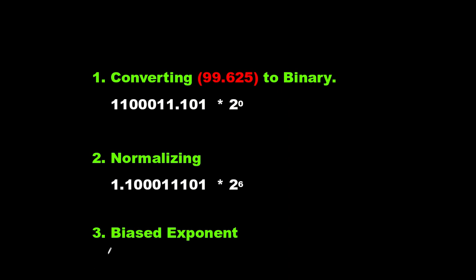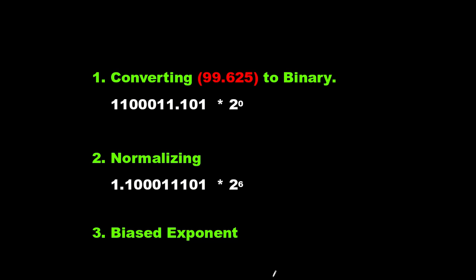The biased exponent. And what I mean by bias is, think of the 2's complement. What did we do in the 2's complement? A 2's complement is dividing my range, half to negative, half to positive, so we can represent negative numbers.